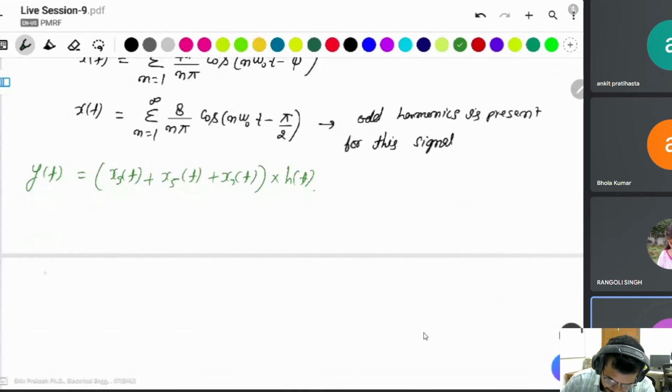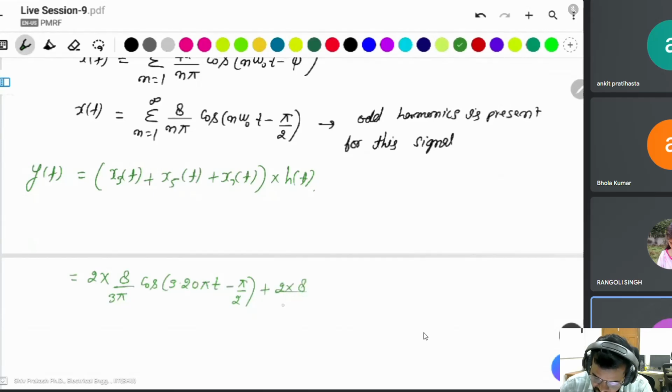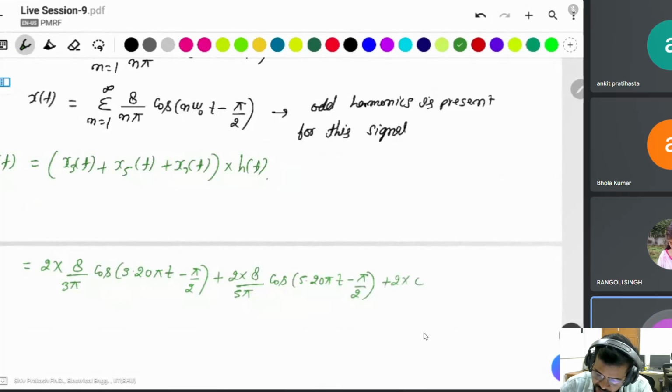Simply you can multiply: the value is 2 into x3, which is 8 by n equal to 3 pi, cos of 3 into omega naught, the fundamental frequency 20 pi, t minus pi by 2, plus 2 into 8 by 5 pi cos of 5 into 20 pi t minus pi by 2, plus 2 into 8 by 7 pi cos of 7 into 20 pi t minus pi by 2.